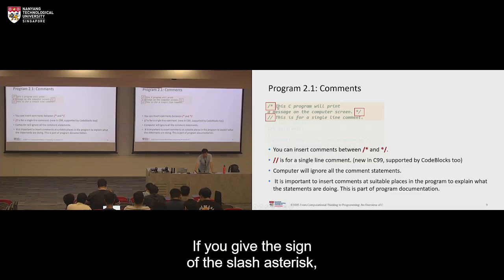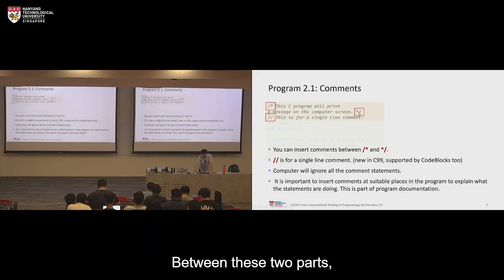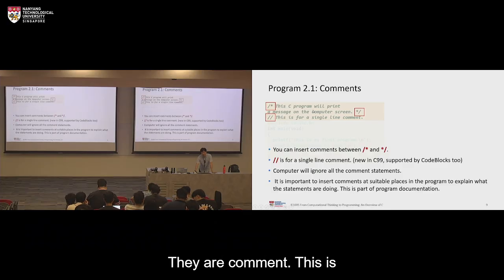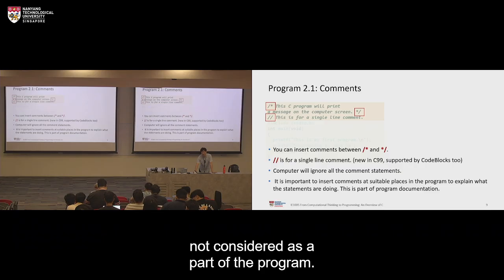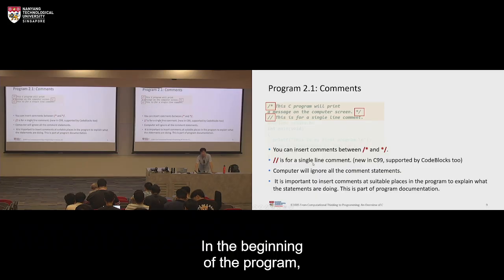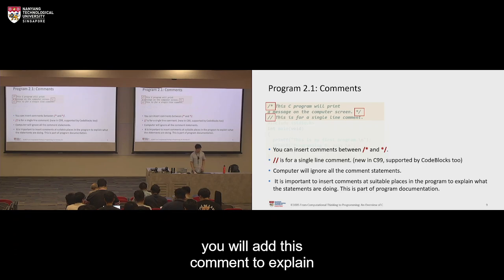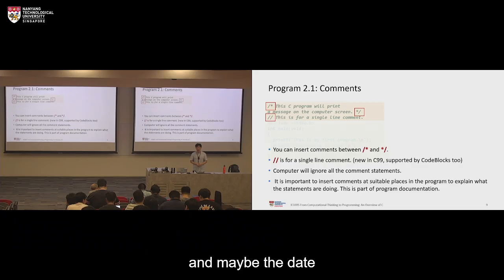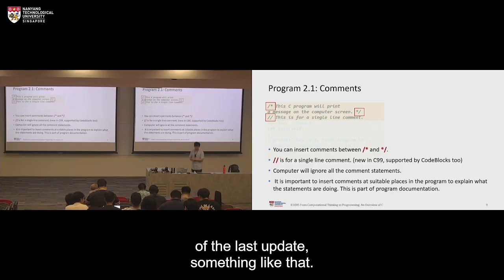If you give the sign of slash asterisk, between these 2 parts you can type any words, letters, or sentences. So they are comments. This is not considered a part of the program. In the beginning of the program, you will add this comment to explain the main purpose of the program, who the developer is, and maybe the date of the last update, something like that.